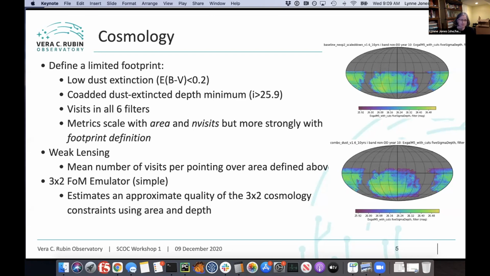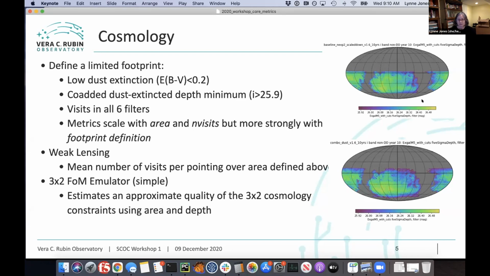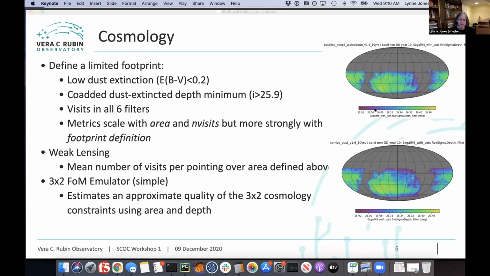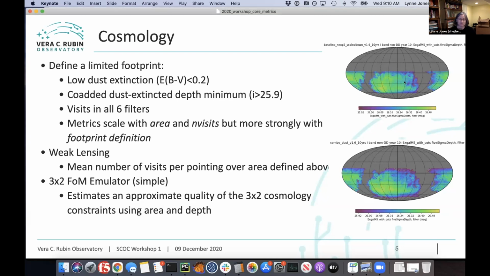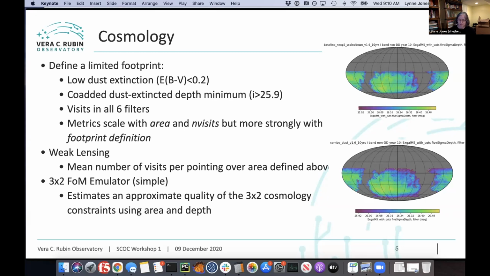And it also scales with the number of visits, but more specifically, it scales with the footprint definition, because one of the things about this traditional footprint is that we don't go further north than 0.2 degrees, and we don't go further south than -62 degrees for most of this part of the footprint. We don't go deep enough outside that area. And so the amount of area that they could possibly have in this footprint is limited.